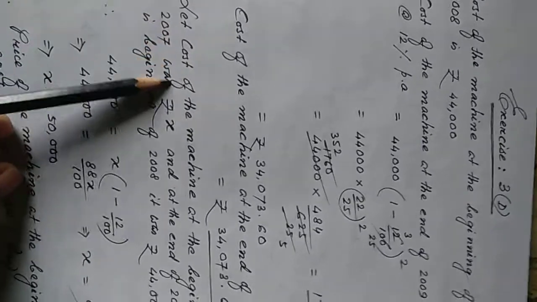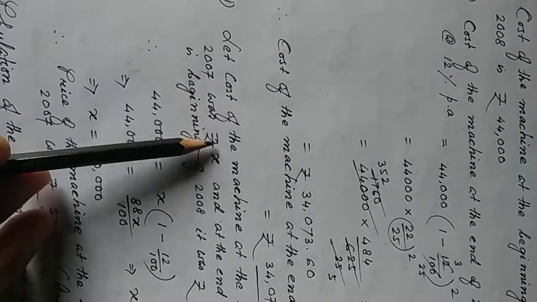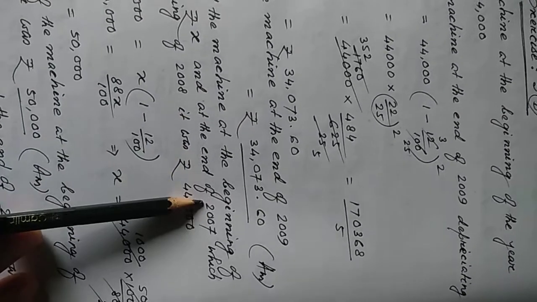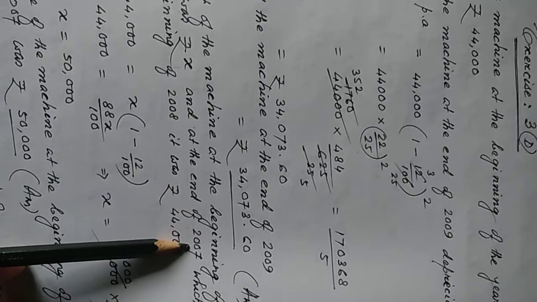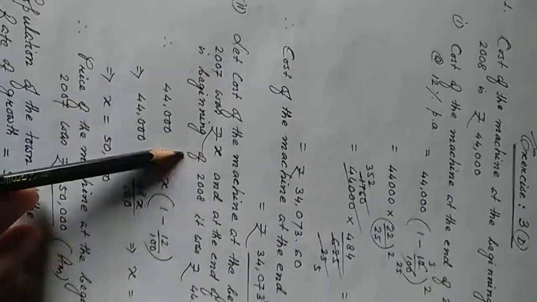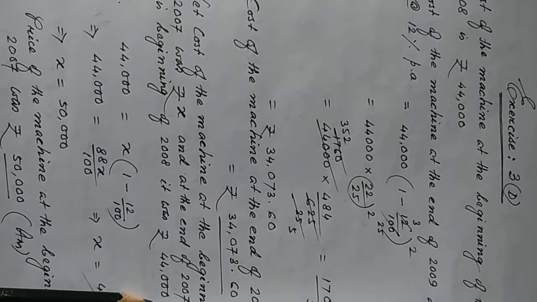The question was at the beginning of 2007. So here what I do, I let the cost of the machine at the beginning of 2007 was rupees X, and at the end of 2007, which means it will be beginning of 2008, it was rupees 44,000.